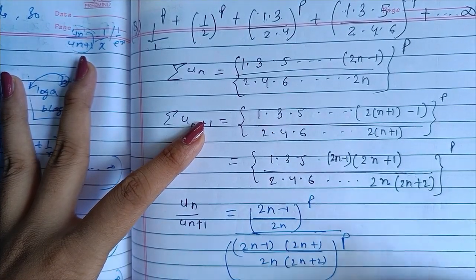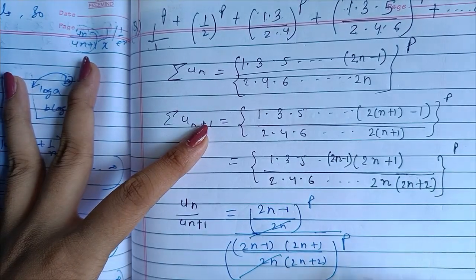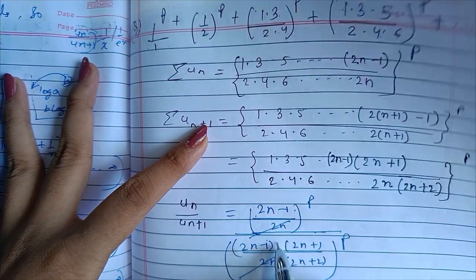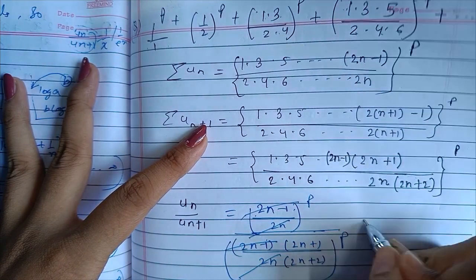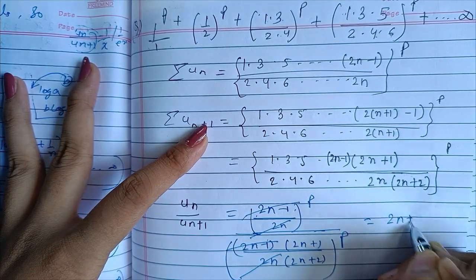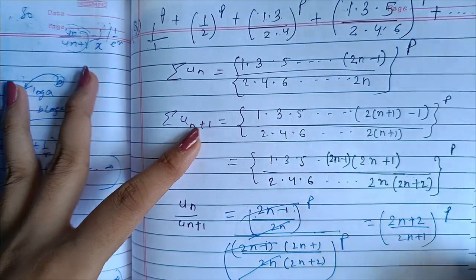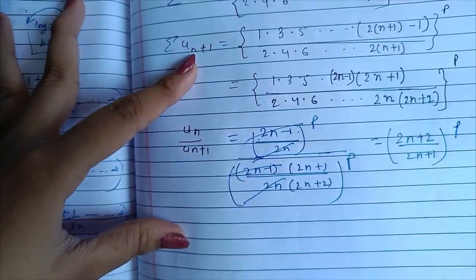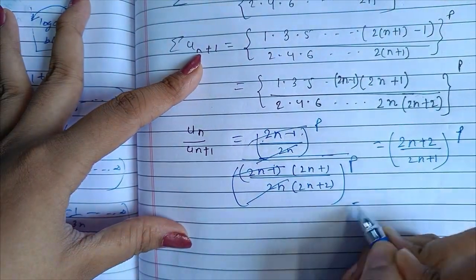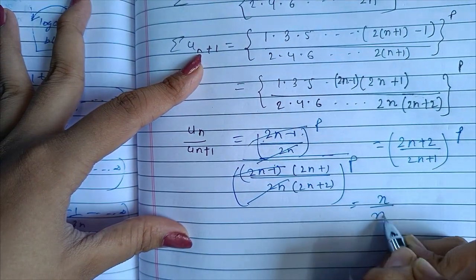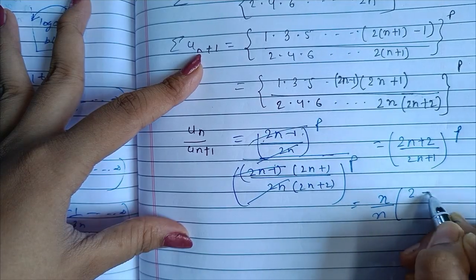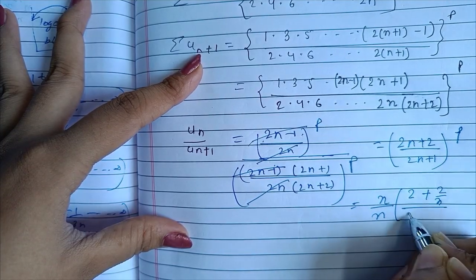I can simply cancel 2n and 2n minus 1, so I am left with 2n plus 2 upon 2n plus 1 whole to the power p. Okay, now for more simplification, I am taking n common from both the numerator and denominator. I am getting this as the final result.